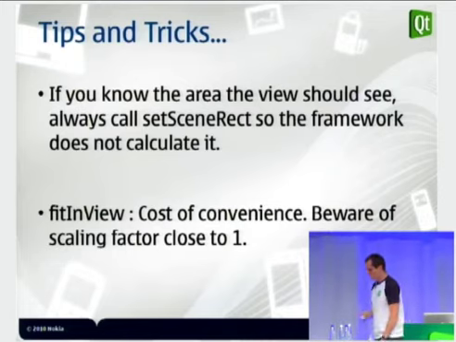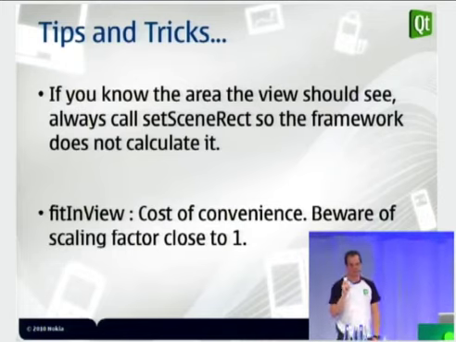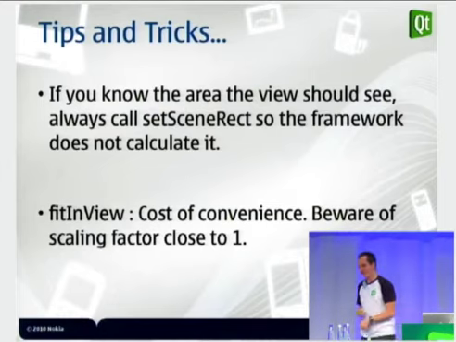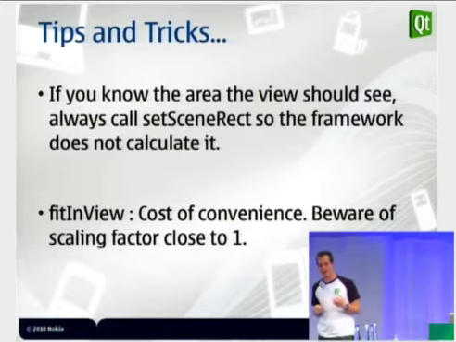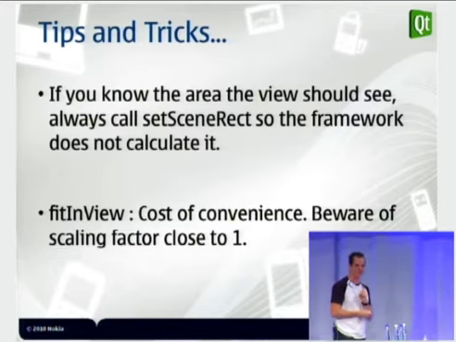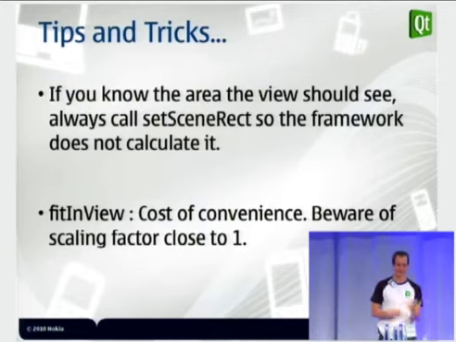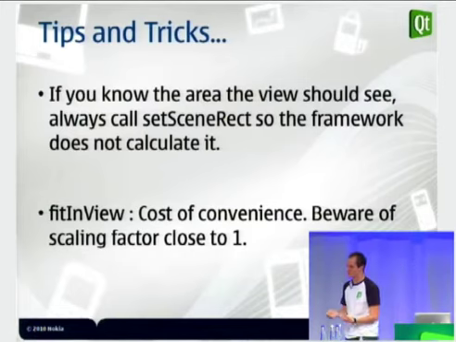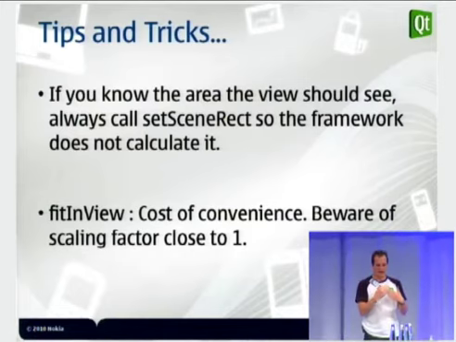I've seen code where people were calling fit in view because they didn't know exactly what it was doing. And what happened is the scaling factor that was applied was close to 1, like 0.9 or something like that. So on the screen with your eyes, you can't see it. If you look with a magnifier and stuff like that, you'll see it. But it looks the same, right?